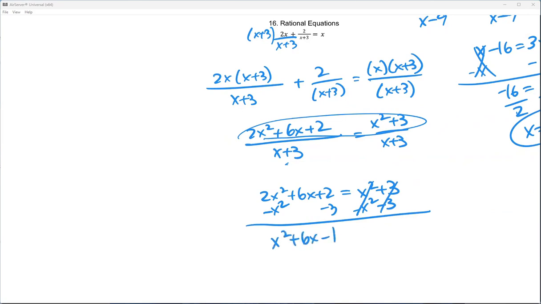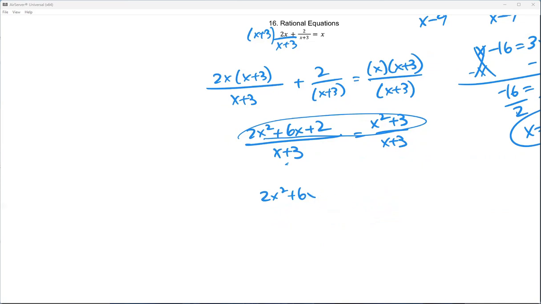Is that right? 2x squared plus 6x plus 2. It should be 3x, sorry. So let me go back a little bit. As you see, teachers make a lot of mistakes.